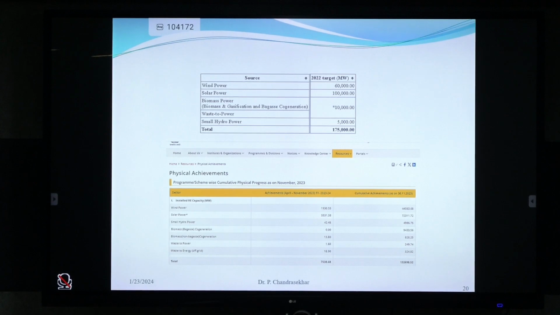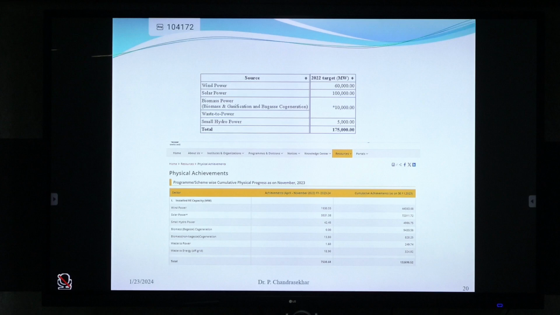And these are all our renewable energy targets. By 2022, we were expected to achieve 60 gigawatts of wind, 100 gigawatts of solar, biomass 10, and hydro 5. But as per our MNRE statistics, the second table shows the data that is there on the Ministry of New and Renewable Energy website.